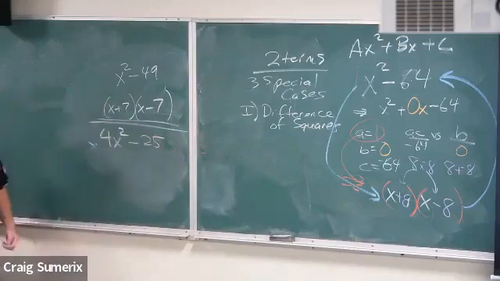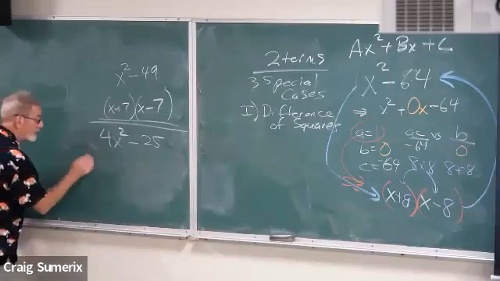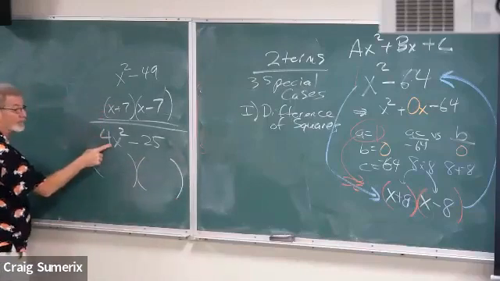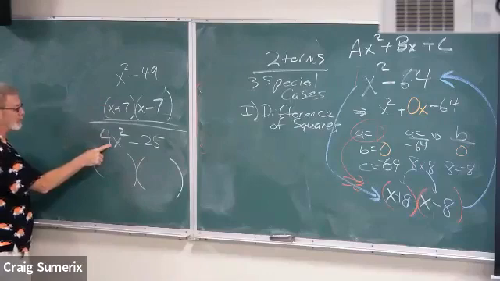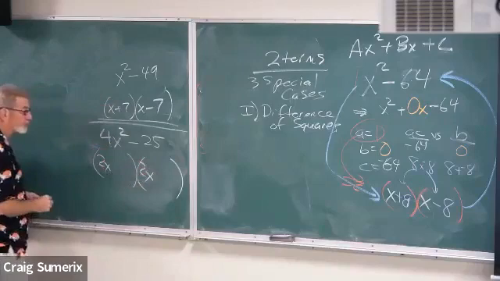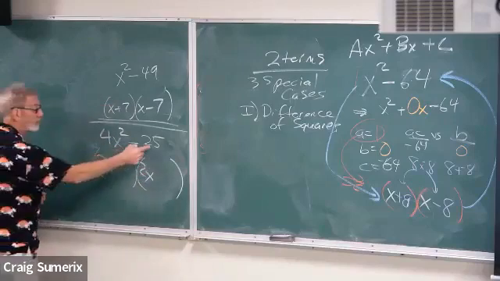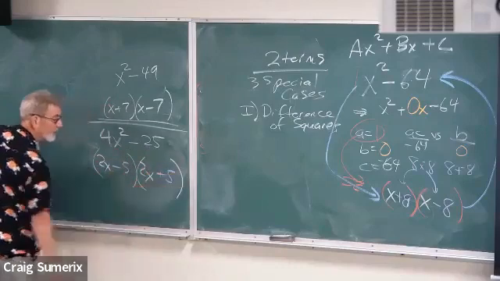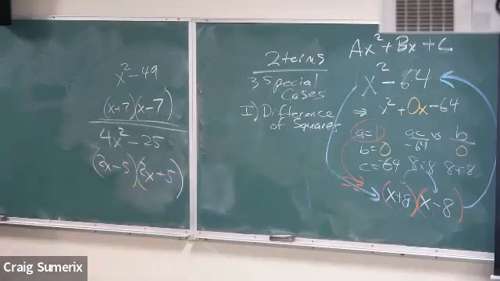Is that the difference of squares? Yes, it is. Is 4 a square also? 2 times 2 is 4. Sometimes they'll try to disguise them on you. Take the square root of the first one. What's the square root of 4x squared? 2x. Square root of 25 is 5. Again, it doesn't matter what order you put them in. One's plus and one's minus.